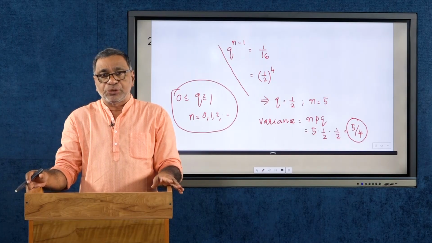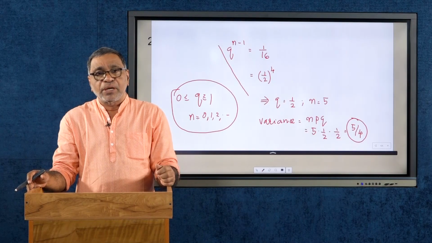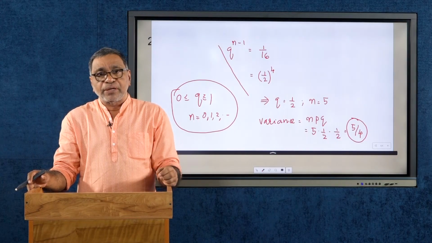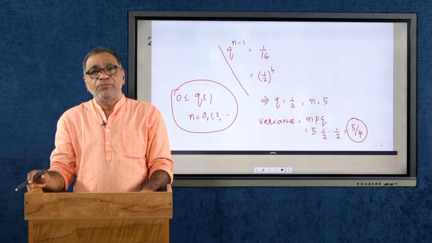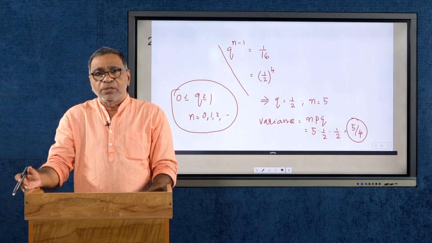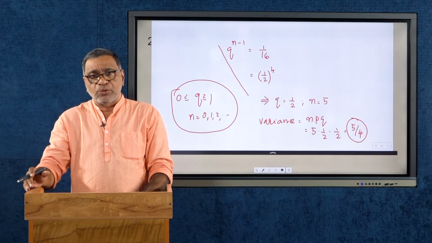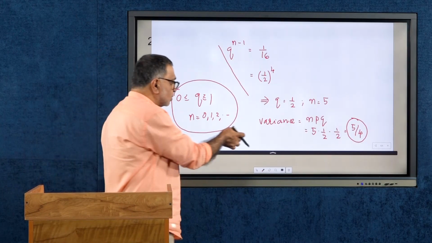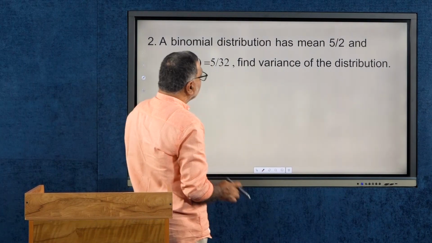Solving these two equations, you get the parameter values, n and p. Using the values of n and p, we calculate the variance, or whatever quantities are required in the case of the binomial distribution. So this is a problem like this.